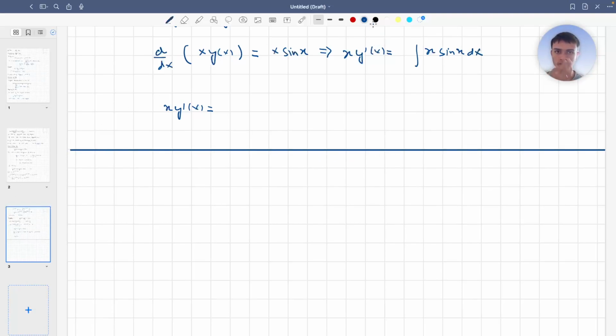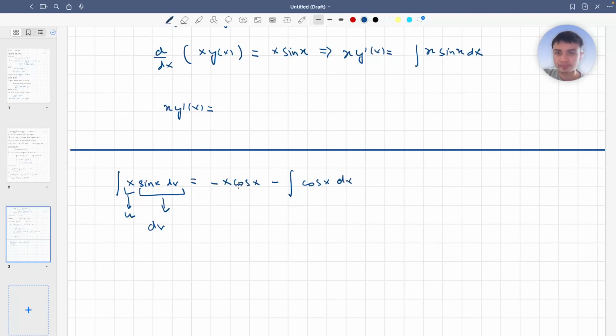I take this thing as my dv and this thing as u. So it goes as x cos x minus the integral of cos x dx.